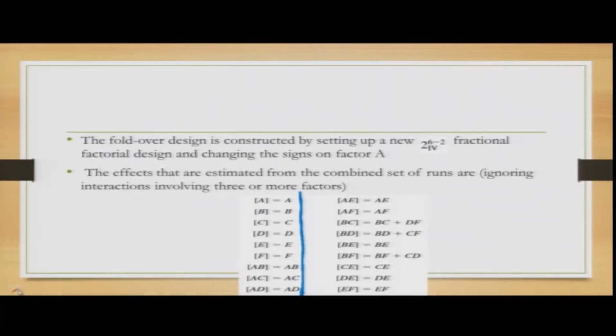In the other set, the effects are AE, AF, BC plus DF, then BD and CF, then BE, BF plus CD, CE, DE and EF. We are considering them as combined factors which will give us the overall effect.